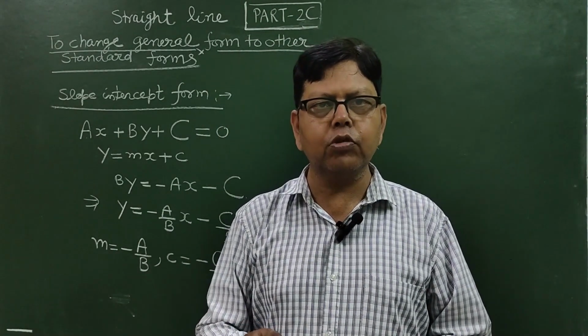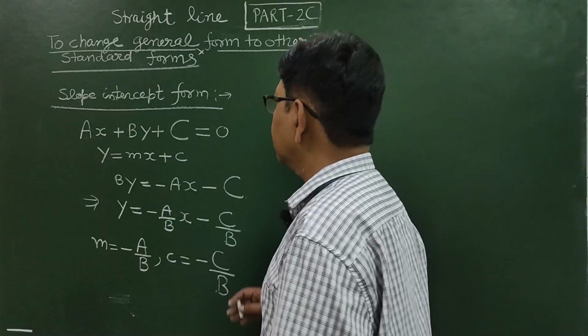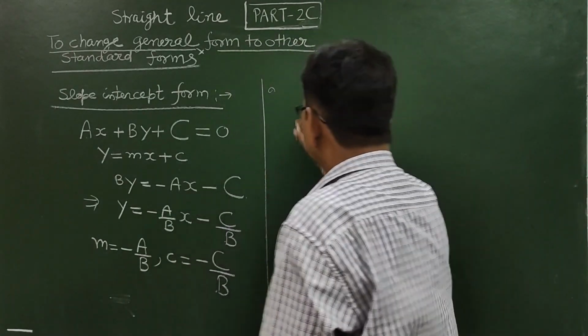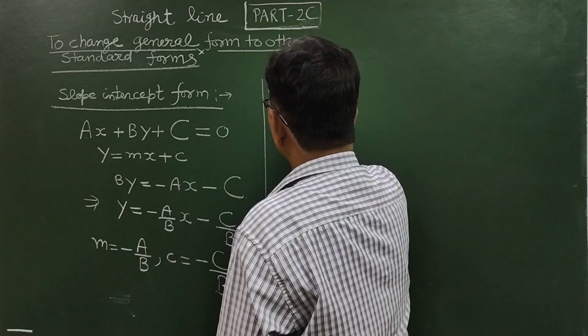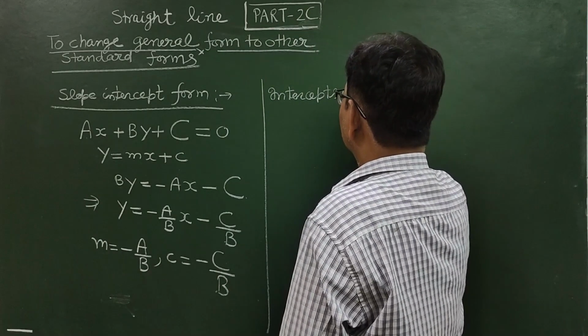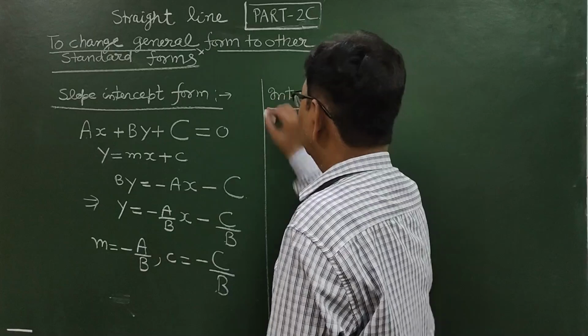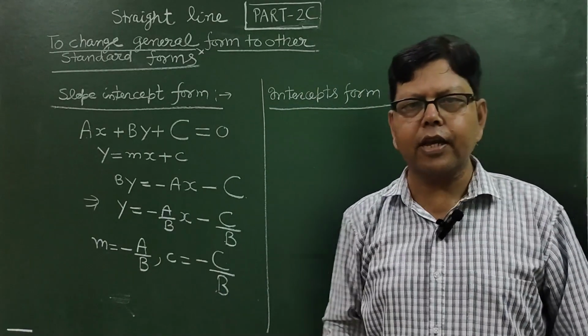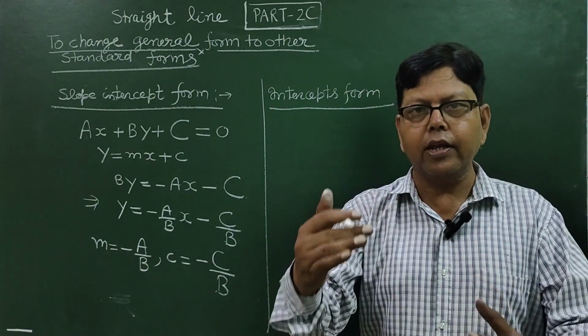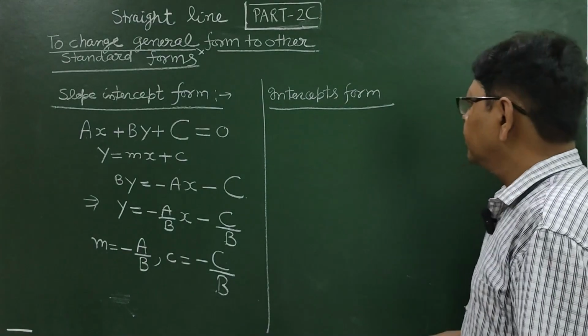Now let us move to the other form, which is intercepts form. In the intercept form, we have the equation x upon a plus y upon b equal to 1.